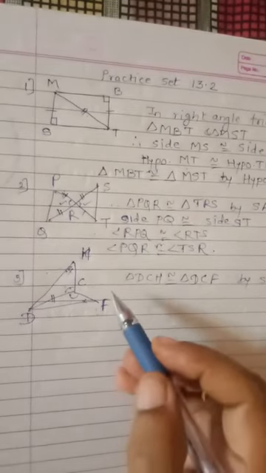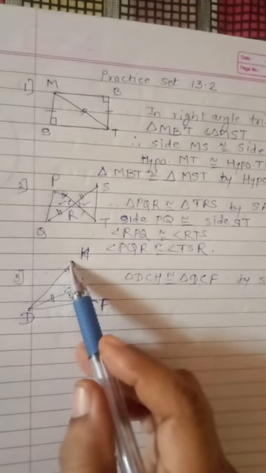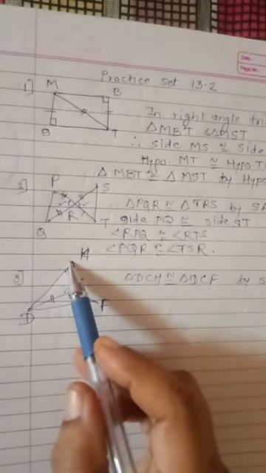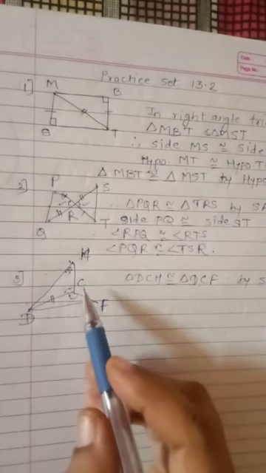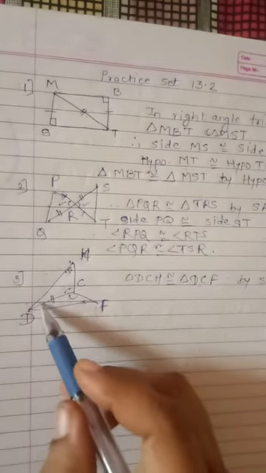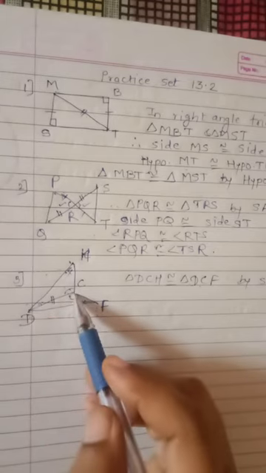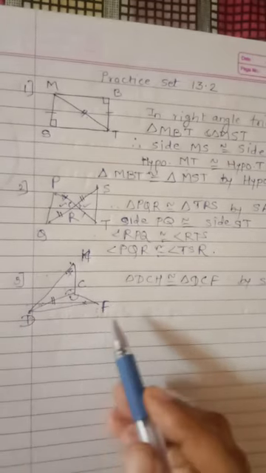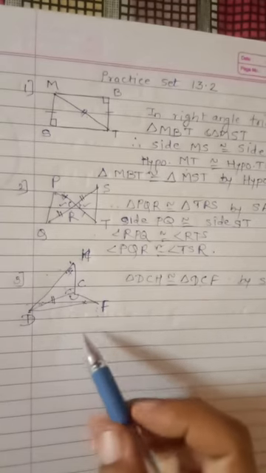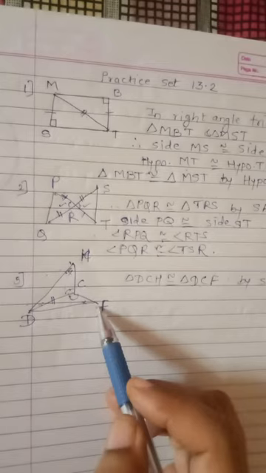And which sides are remaining now? Side DH is congruent to side DF. Similarly, this angle HDC is congruent to angle FDC. And third, this side CH is congruent to side CF.